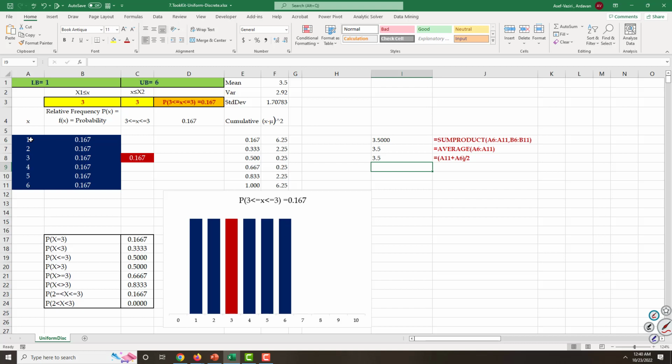What about standard deviation? As we have explained earlier, variance is each random variable minus average squared, and then we need to multiply them by their probabilities. Equal to the random variable minus its average, and lock it, square it, and then copy it down.